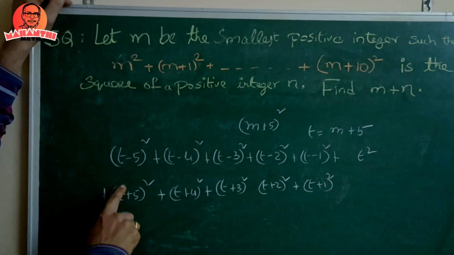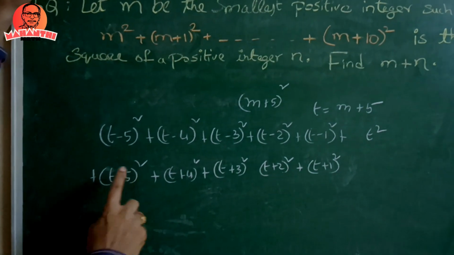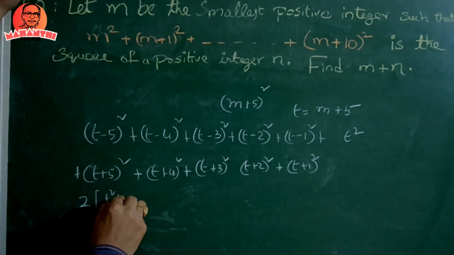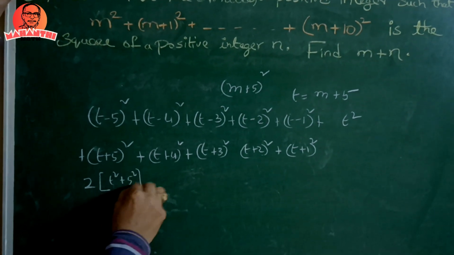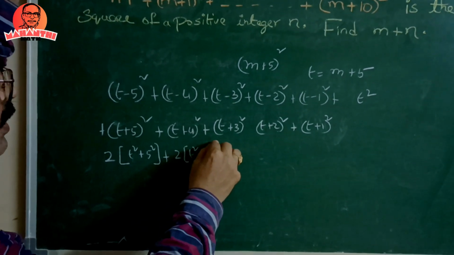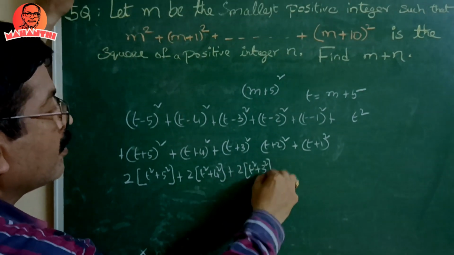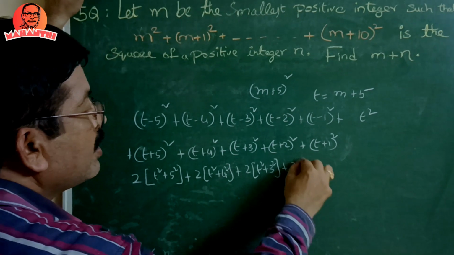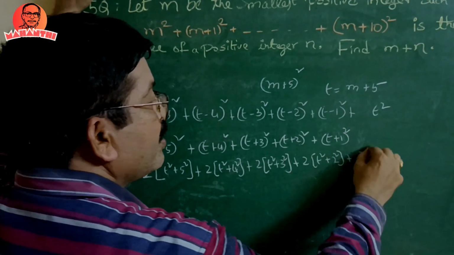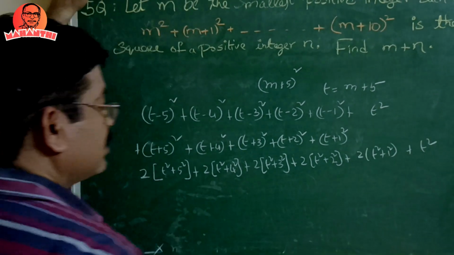Now these two you observe, (a−b)² plus (a+b)², that is 2 into (a² + b²). So (t−5)² + (t+5)² gives 2(t² + 5²). Plus here also same formula, 2(t² + 4²), 2(t² + 3²), plus 2(t² + 2²), plus 2(t² + 1²), plus this t².